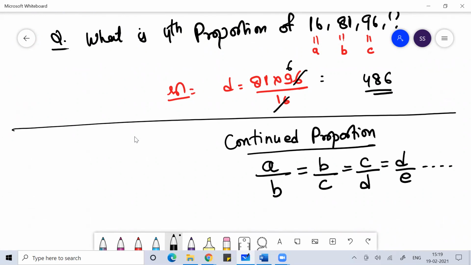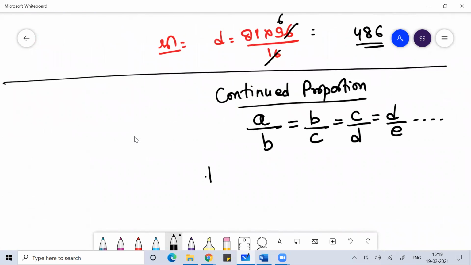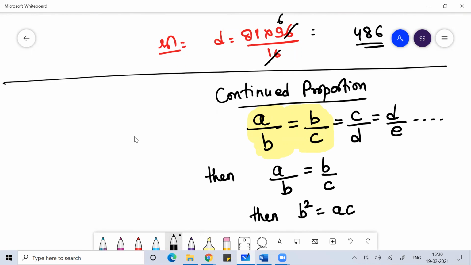If I take one part of it, I can say that A by B equal to B by C. Then I can say that B square is equal to AC.